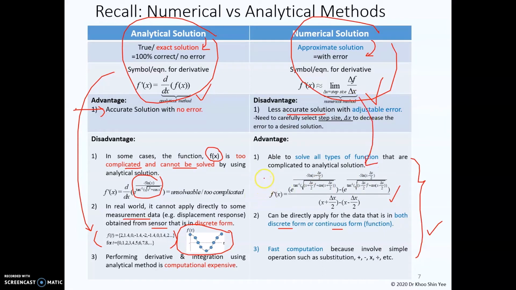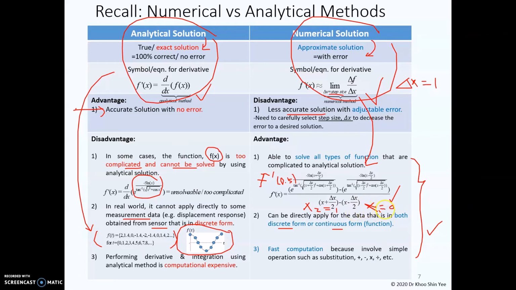For example, let's say you want to find the derivative f prime at 0.5. In this method, you need to define the step size. Let's assume the delta x is equal to 1. So in this case, your x2 is equal to 1, and then your x1 will be equal to 0.